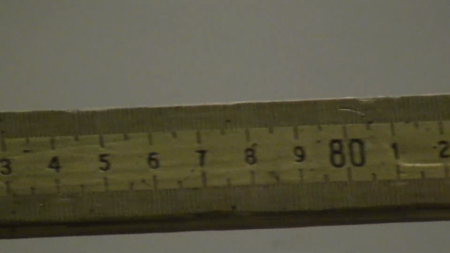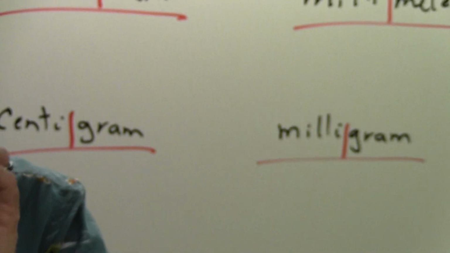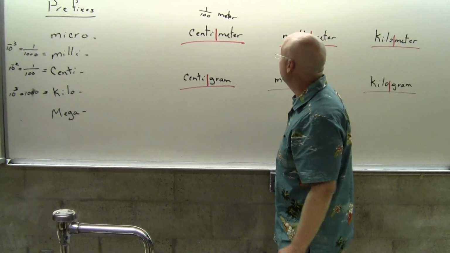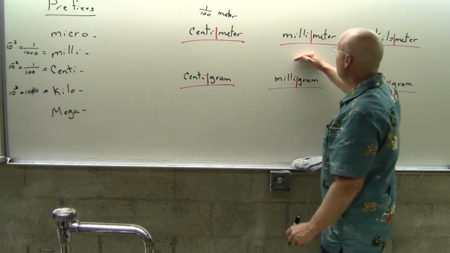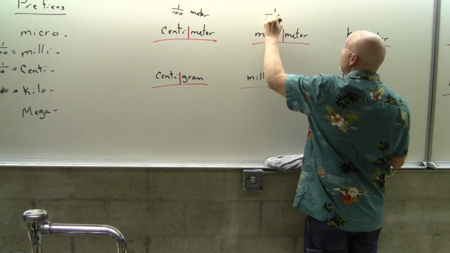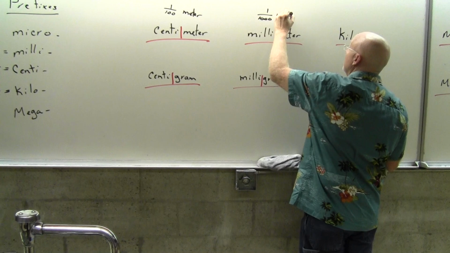So these are centimeters. These numbers, 80, 81, 82, 83, 84, these are centimeters. Each of those is 100th of a meter. Now, look at here. What this would mean is 1,000th of a meter.